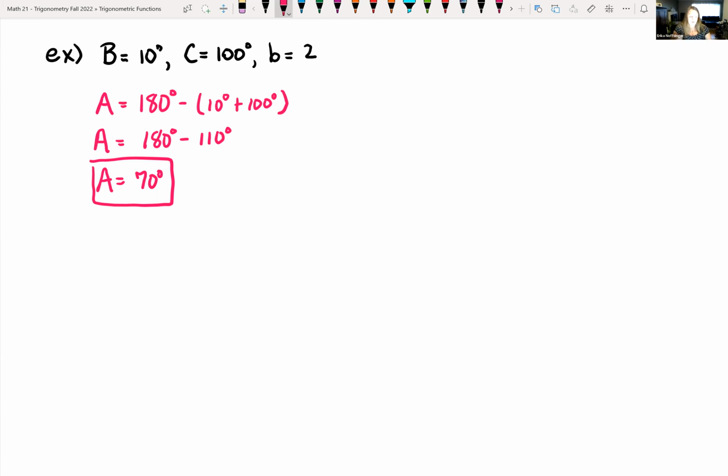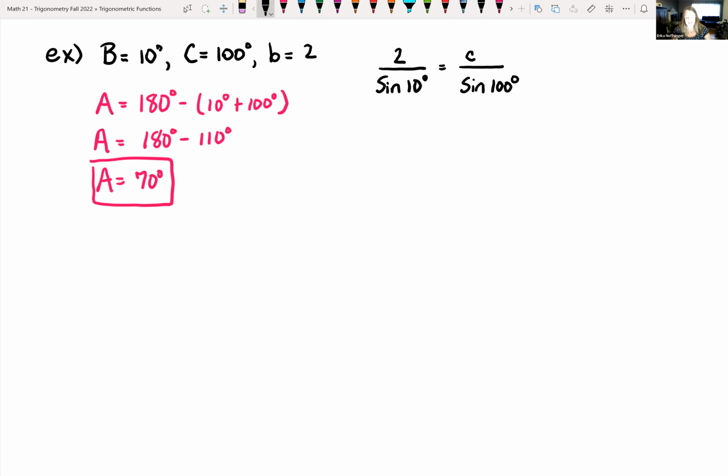And so let's use what we're given. I'm trying to find a side, so I'm going to put the sides in the numerator. So we're given that side B, 2, all over sine of angle B, which was 10 degrees, is equal to side C all over sine of angle C, which is 100 degrees.